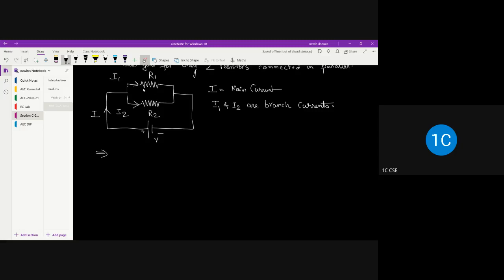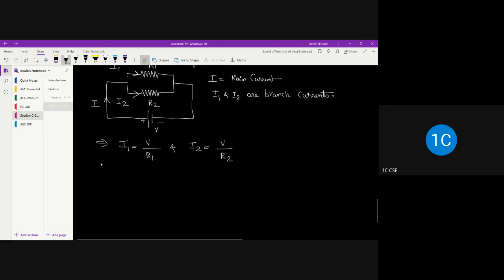So the current flowing through resistance R1 is I1, and I1 can be found using Ohm's law, voltage divided by resistance. So the voltage across R1 is V volts divided by the resistance. Similarly, I2 is equal to V by R2.